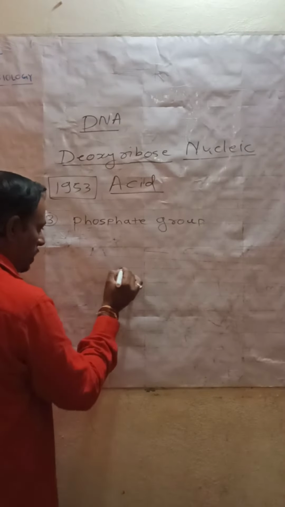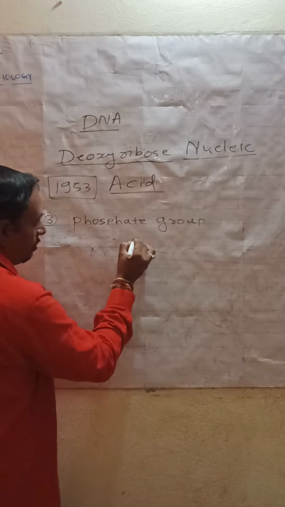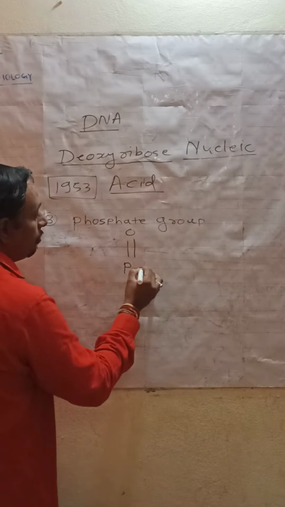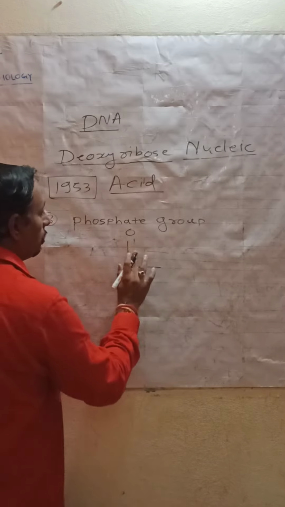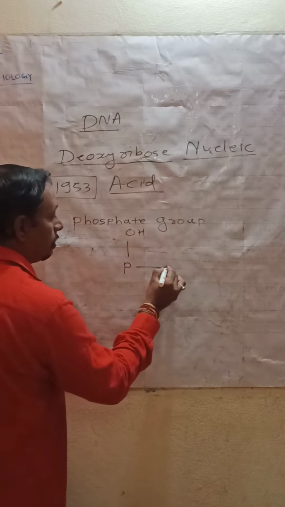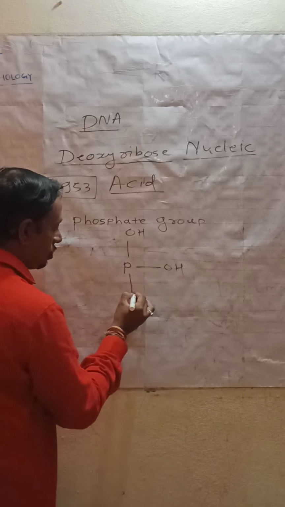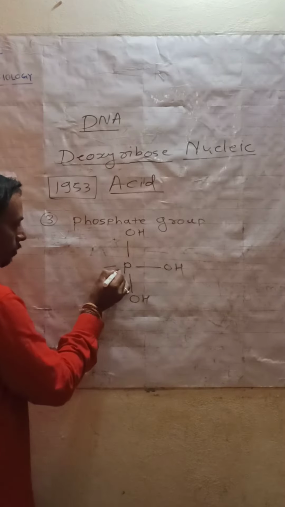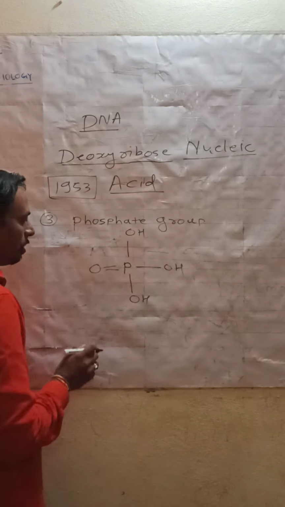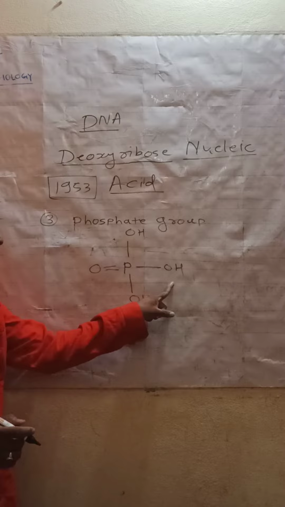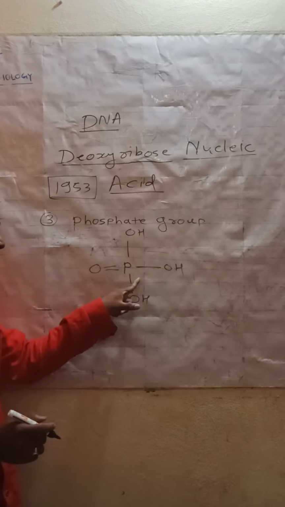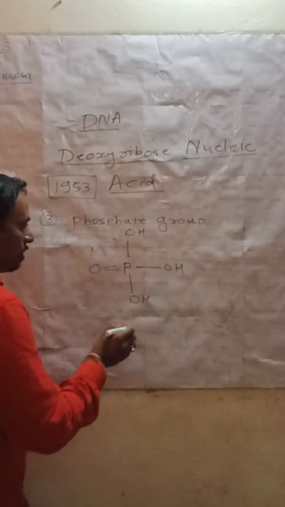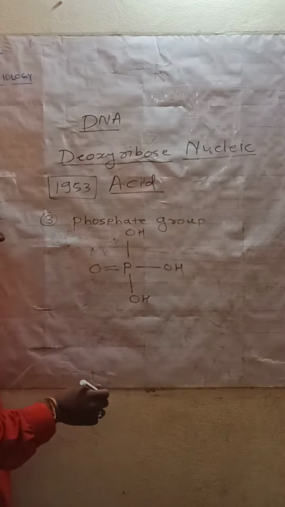So it is denoted as central atom P with 3 OH groups, H3PO4. One oxygen is double bonded, and the other oxygens are with hydrogen, singly bonded with phosphorus. Okay, so it is known as phosphoric acid.